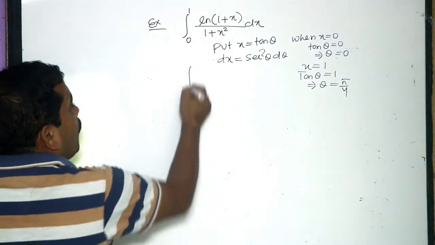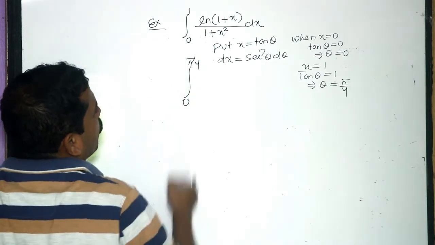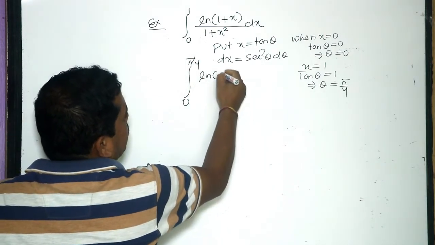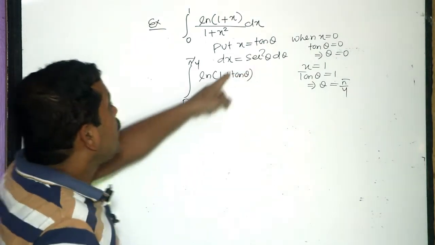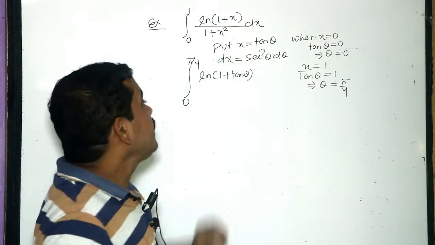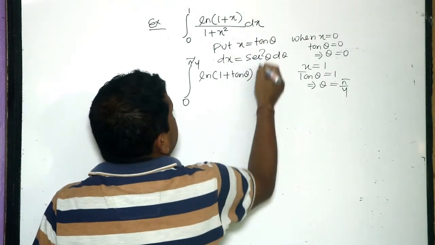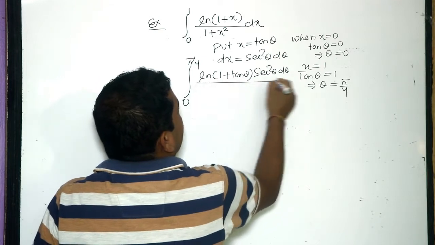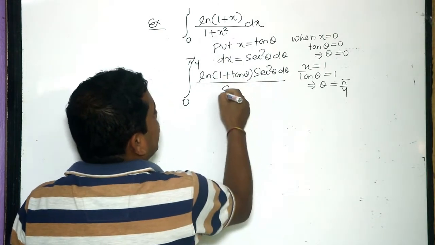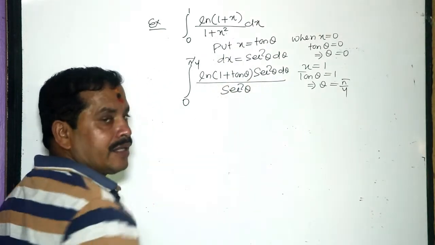So the upper limit is pi by 4 and the numerator is log(1 plus tan theta), because we put x as tan theta. Now dx is sec square theta d theta divided by 1 plus tan square theta, that is sec square theta.